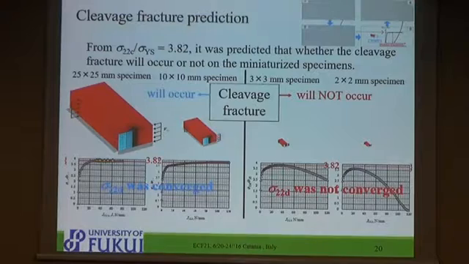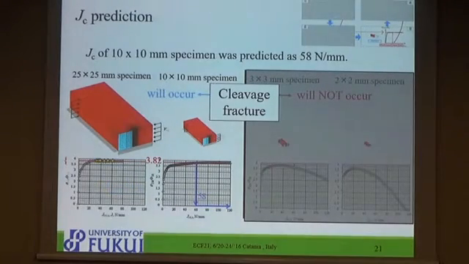On the other hand, for the 3 square millimeter specimen and the 2 square millimeter specimen, σ22D was not converged, and thus they were predicted as cleavage rupture will not occur. Regarding the 10 square millimeter specimen, which was predicted as cleavage rupture will occur, JC was predicted to be 58 Newton per millimeter.